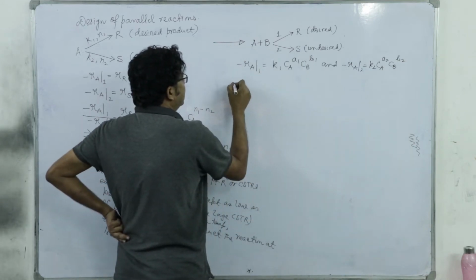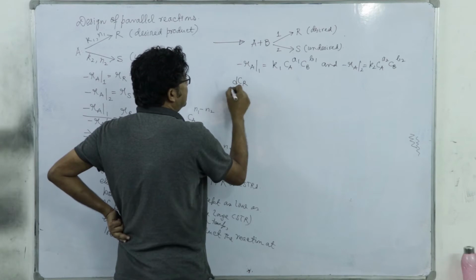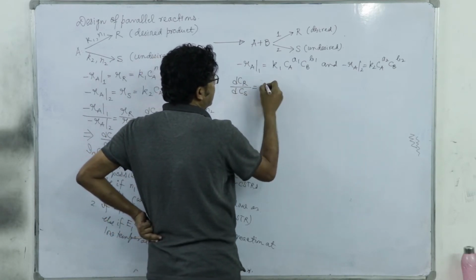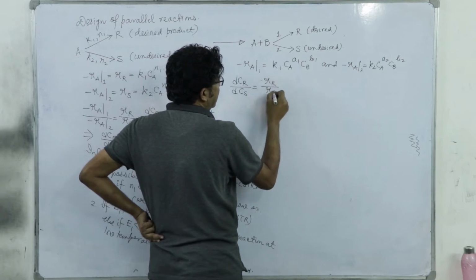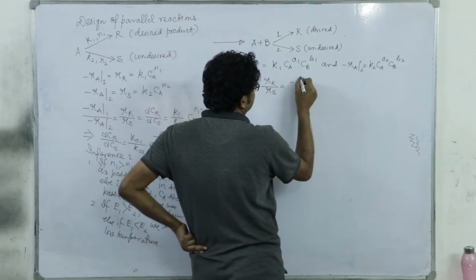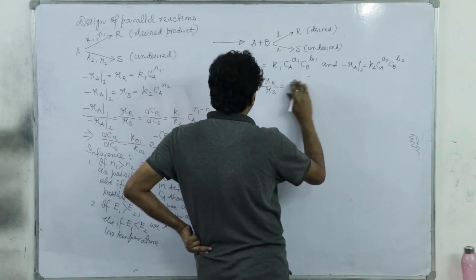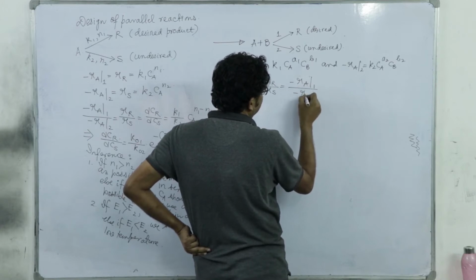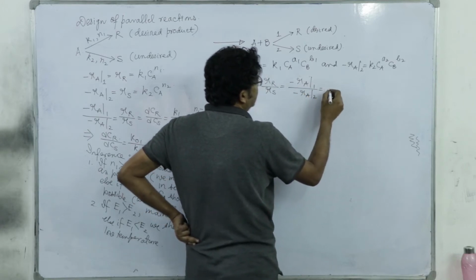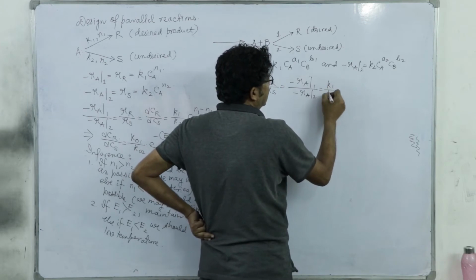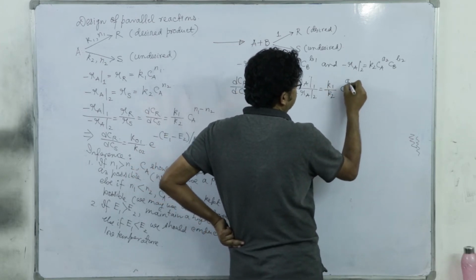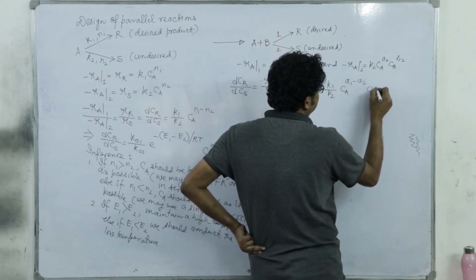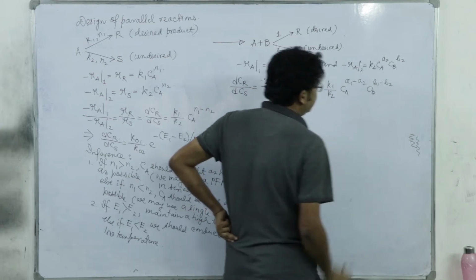So we have dCR by dCS equal to rR by rS, equal to minus rA1 by minus rA2, equal to K1 by K2 Ca to the power a1 minus a2 into Cb to the power b1 minus b2.